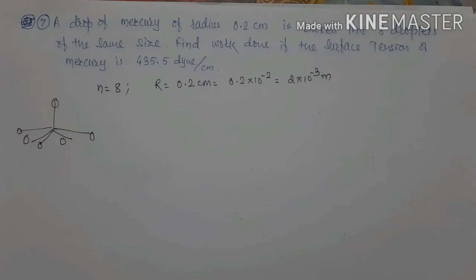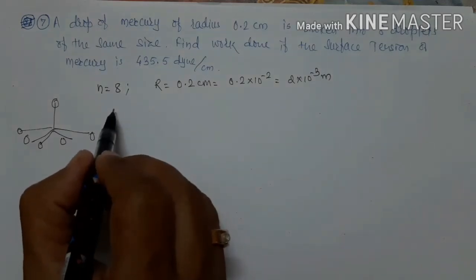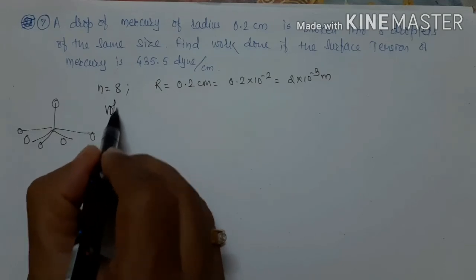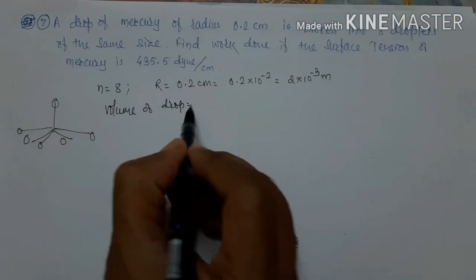When one drop is broken into n droplets, energy is absorbed. Now we will determine how much it is. For this also, at first we will find out the formula for that, and then we will go for the substitution.